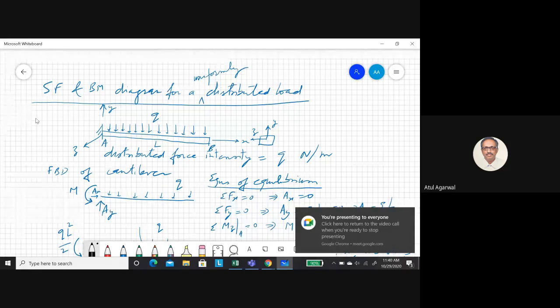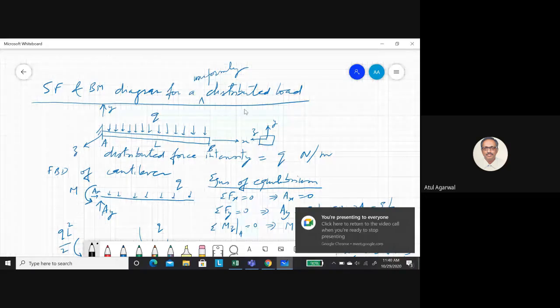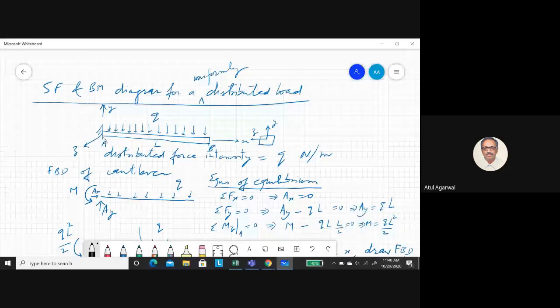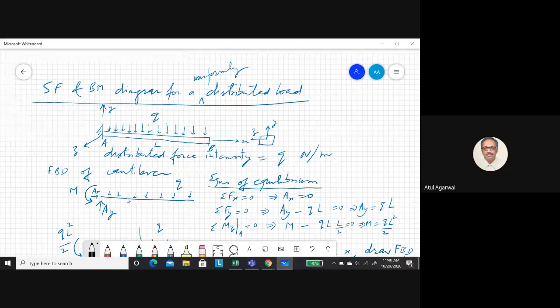So you see, this is the shear force and bending moment diagram for a uniformly distributed load. We have a cantilever and a load q, with intensity in Newton per meter. What is the total force caused by this distributed load? Q into L. That is the total force downwards.